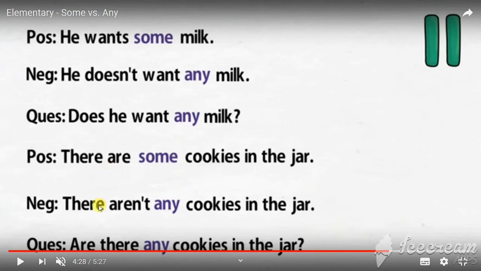So we make it negative by adding not, but when the sentence becomes negative, we can't use some, because some is used with positive sentences only. So we change some into any. There aren't any cookies in the jar. Also in the question, are there any cookies in the jar?